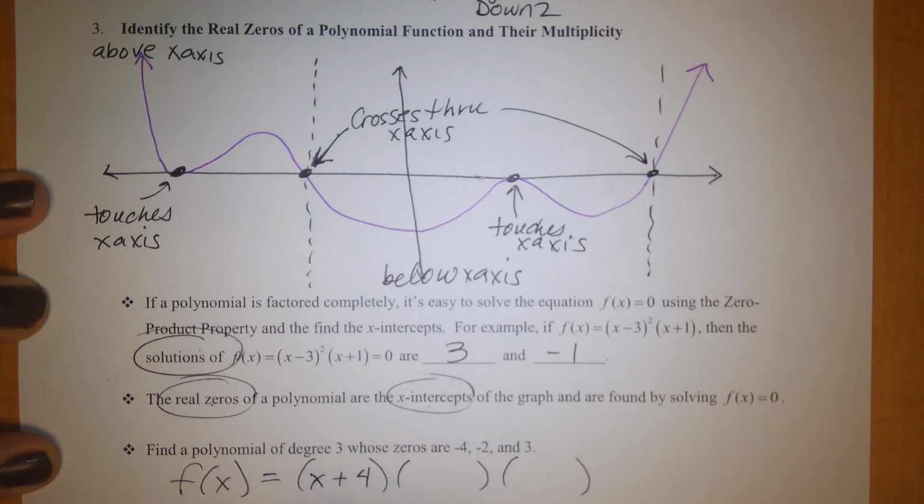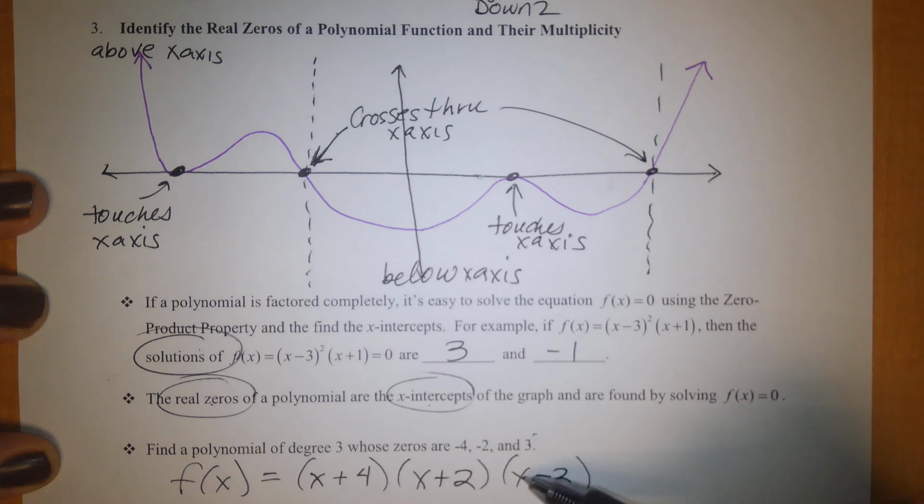So that means x plus 4 must be a factor. x plus 2 must be a factor because when I plug in negative 2 for x, I get 0. And finally, x minus 3, because when you plug in 3 for x, you get 0. So if I have zeros at negative 4, negative 2, and 3, that means these three factors will be factors of the polynomial.